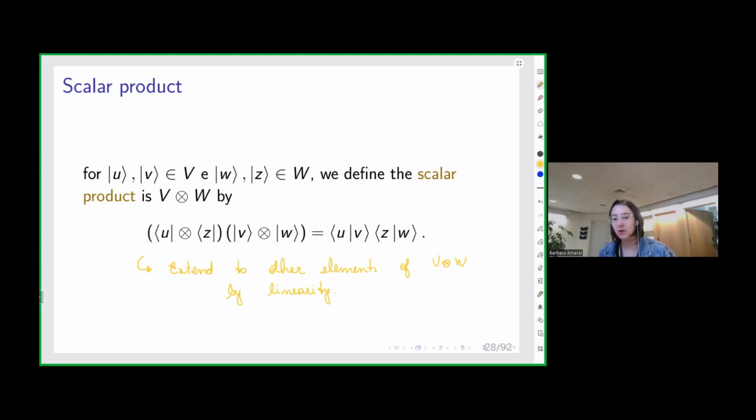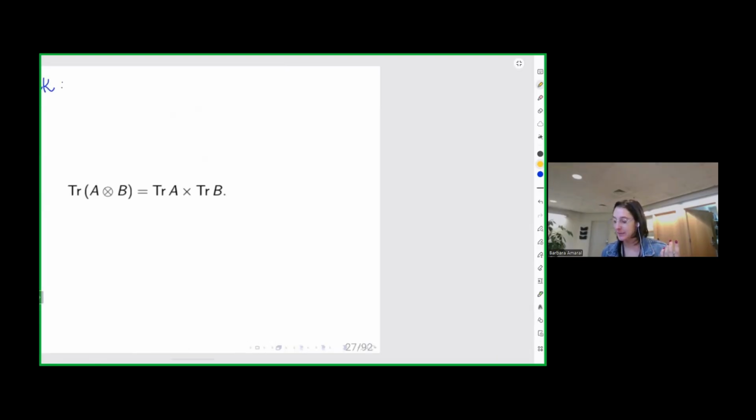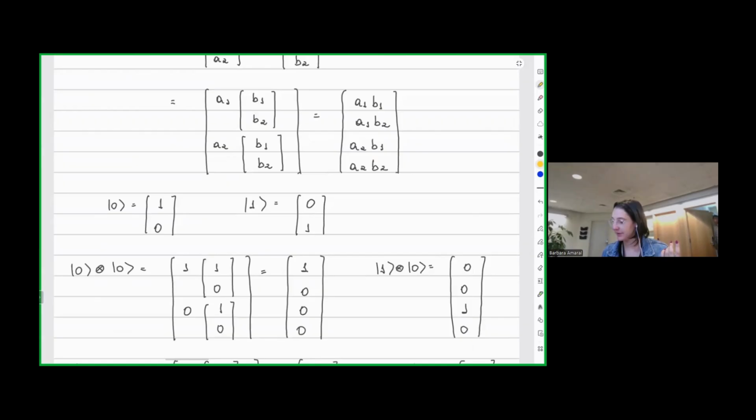So we build on the scalar product of the individual systems to build the scalar product in the tensor product. Okay. When we're talking about matrix representation, it's going to carry out naturally as we expect. So if we just take the matrix representation of these vectors, we can put the usual tensor product on them. Okay.